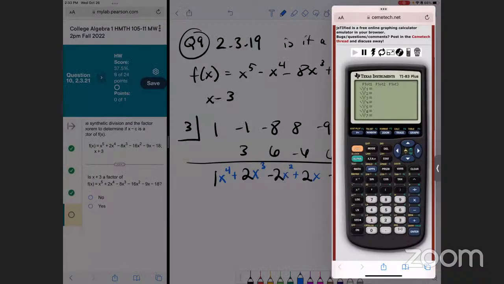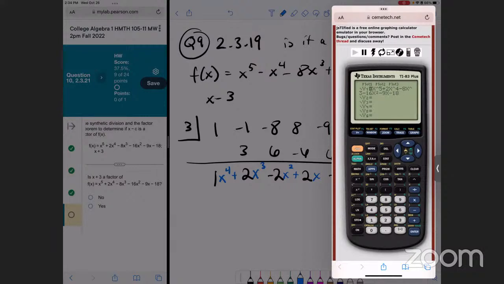So then we have x to the power of 5 plus 2x to the 4 minus 8x to the power of 3 minus 16x squared minus 9x minus 18.